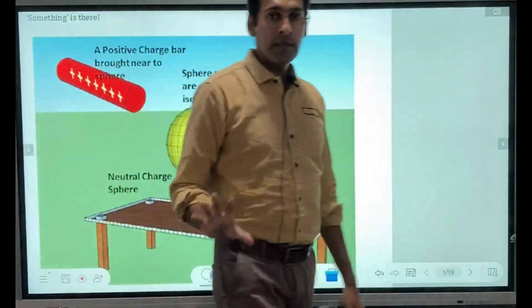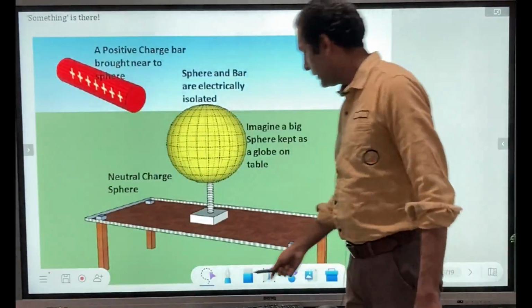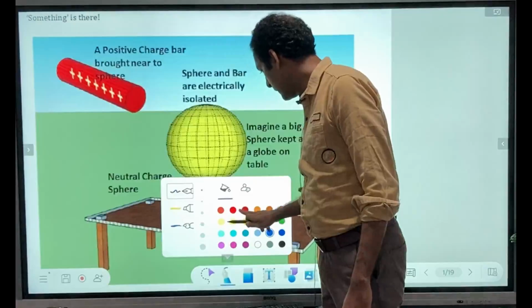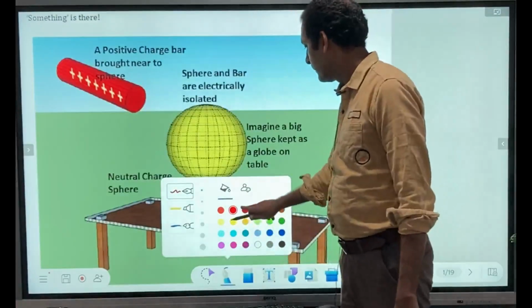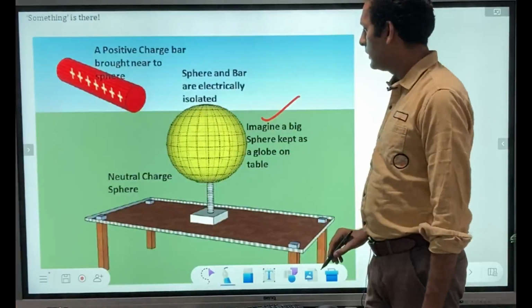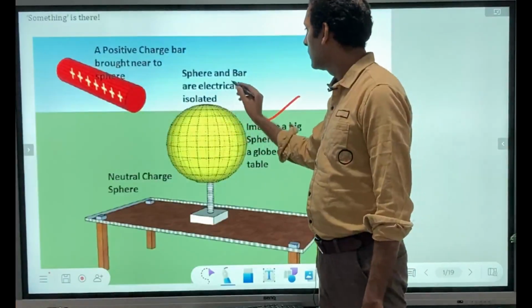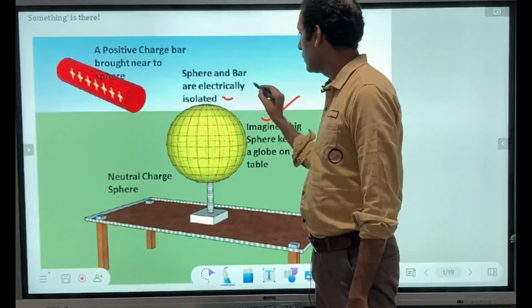So let us consider this 3D diagram as a reference. Here we can see one toy example is given where one sphere can be seen. Now imagine this sphere is electrically isolated.